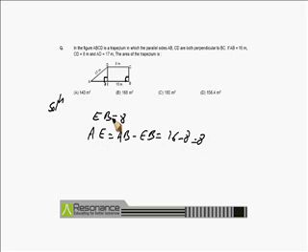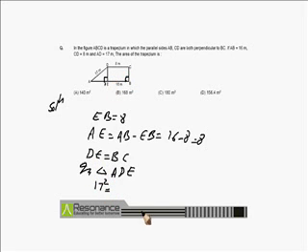Now the length of DE is equal to BC. Now in triangle ADE we apply the Pythagoras theorem. So the hypotenuse square, that is 17 square, is equal to the perpendicular square, that is DE square, plus AE square.